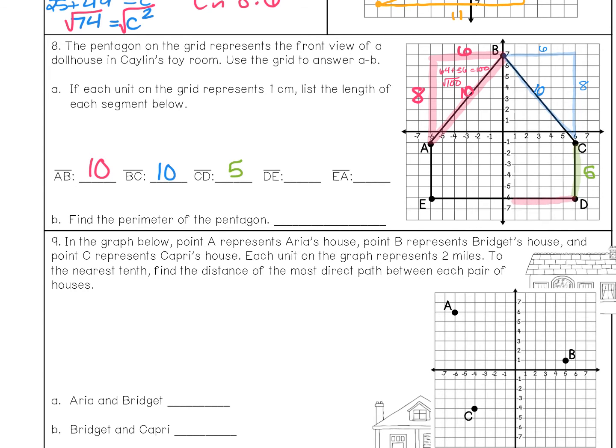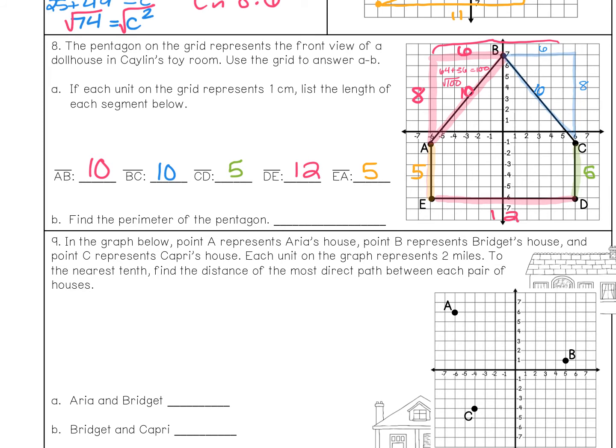Side DE, I know by counting across the top here that each side was 6, which means that DE is going to be 12. And then I've got AE, or EA, which measures 5 units.